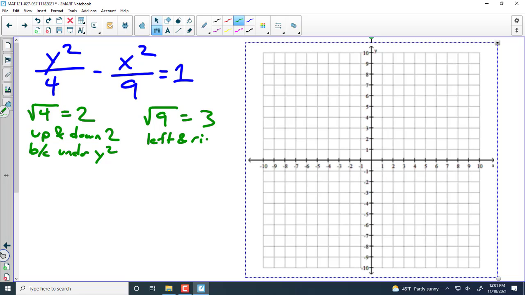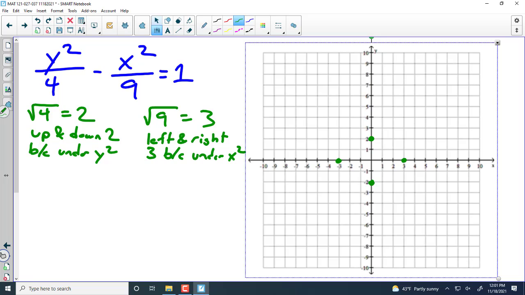And we move left and right 3 because we're under the x squared. It is so easy to get that backwards, because with every ellipse we do, we always wrote x squared first. Is everyone going left and right 3 and up and down 2?